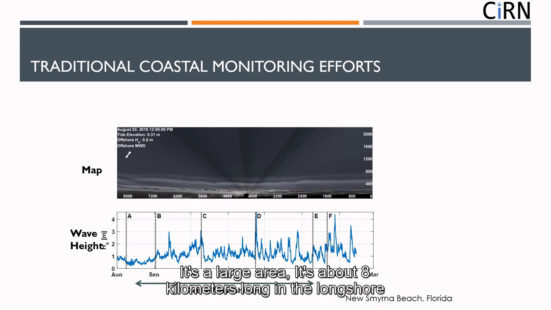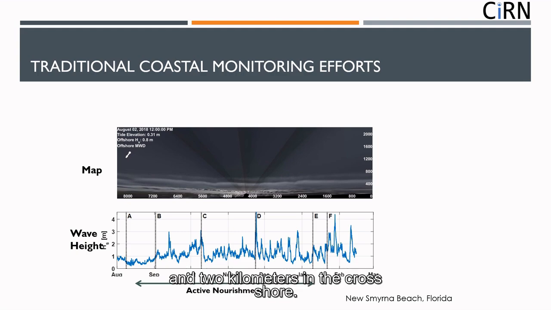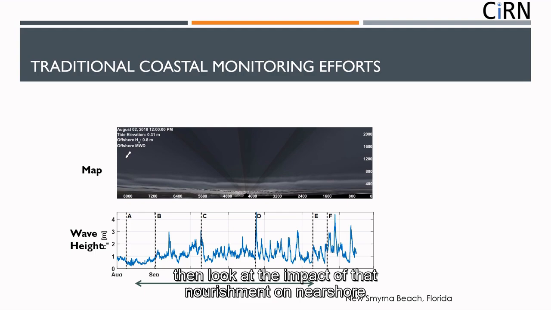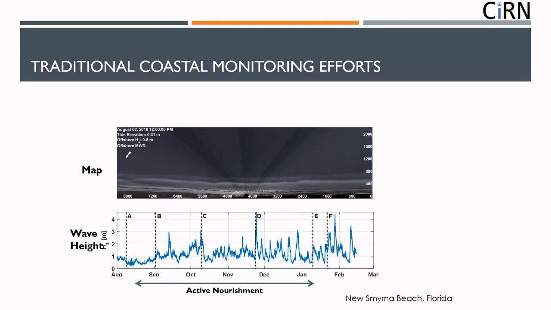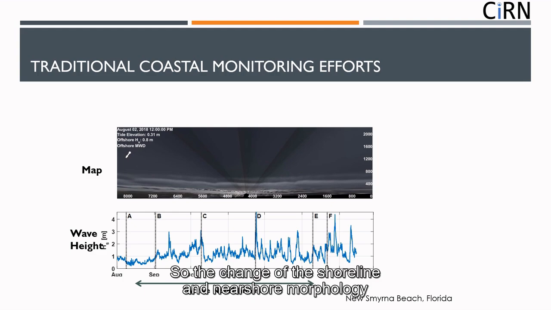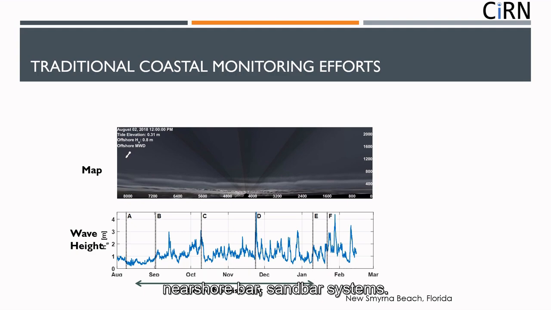It's a large area, about 8 kilometers long in the alongshore and 2 kilometers in the cross-shore. And the idea was to install an offshore beach nourishment and then look at the impact of that nourishment on nearshore hydrodynamics and on the nearshore coastal response, so the change of the shoreline and nearshore morphology, or nearshore sandbar systems.